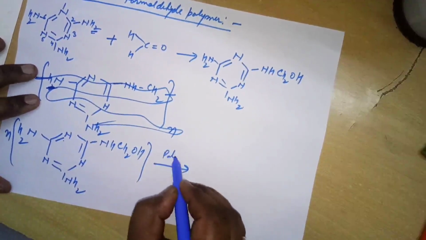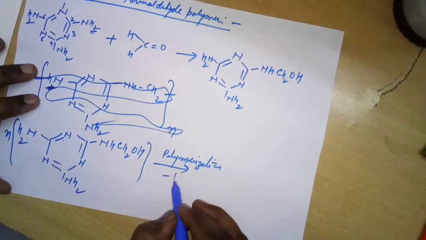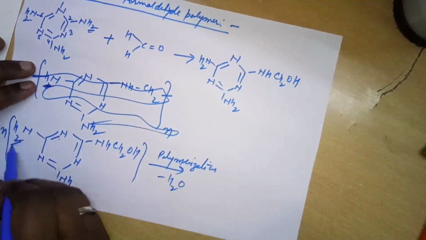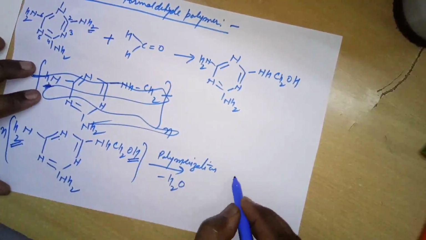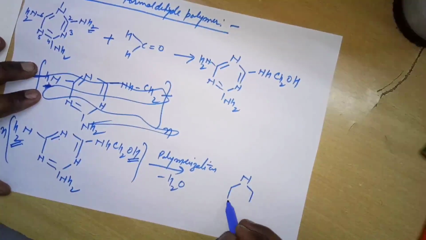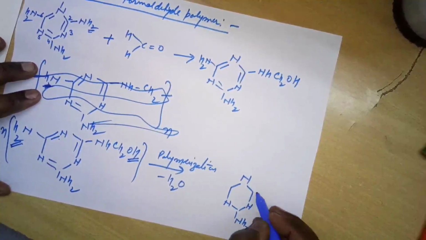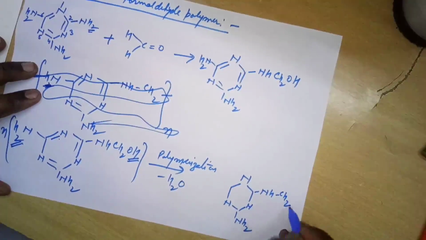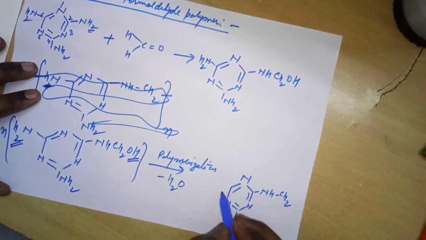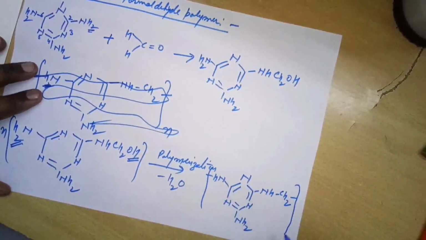This undergoes condensation polymerization, water is removed, H goes from here, OH from here. This is melamine formaldehyde polymer.